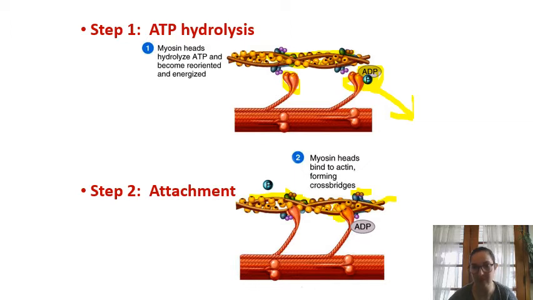There are some actin binding sites there that the myosin wants to grab onto. Once troponin and tropomyosin are moved out of the way, the myosin head can grab onto the binding sites on actin. When they're connected together like this, we call that a cross bridge. So a cross bridge is when there's this connection between the actin and the myosin.